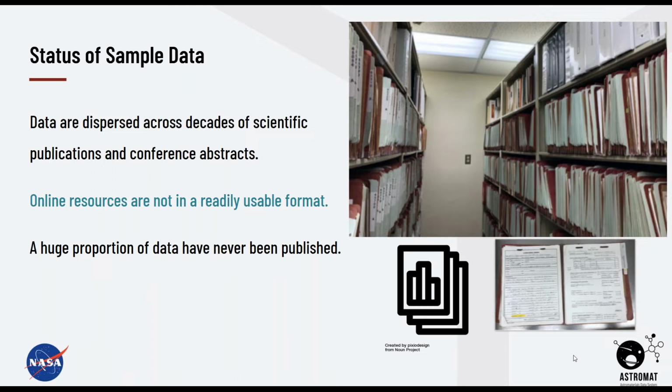In some cases, only conference abstracts hold the data. In some cases, like for the lunar samples, compendiums have been put together that are accessible online, but as PDFs, not in a readily usable format.